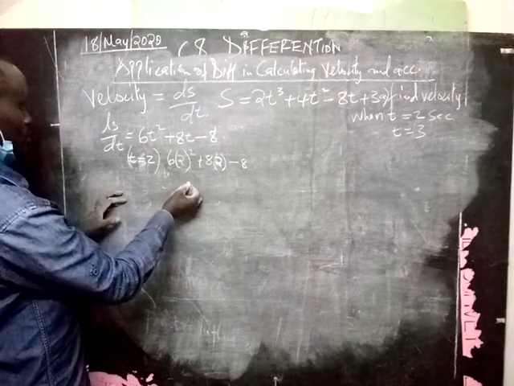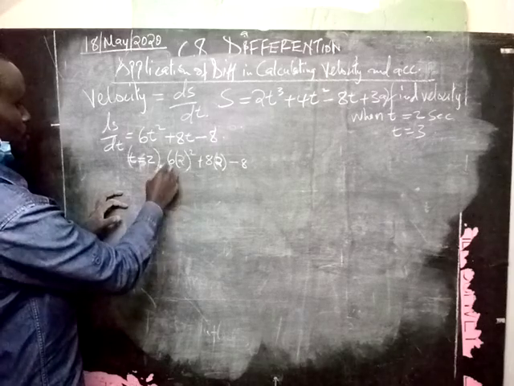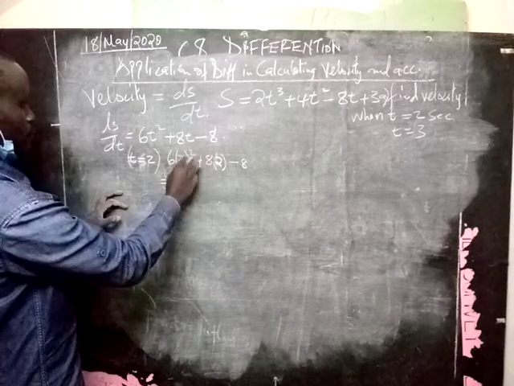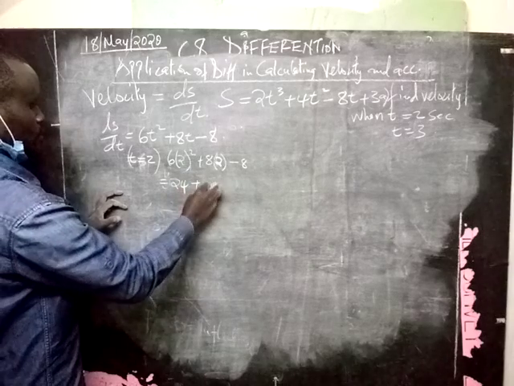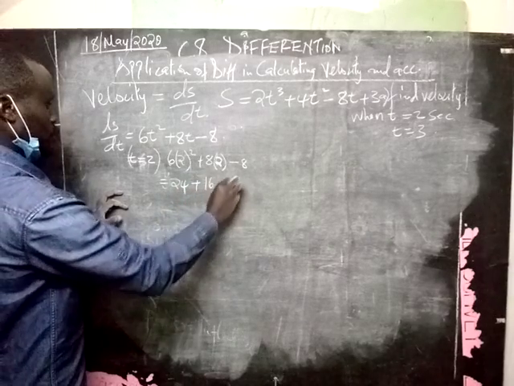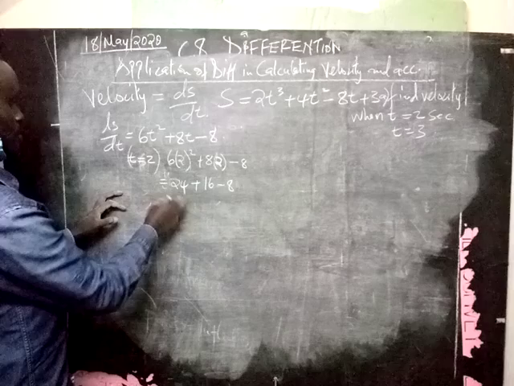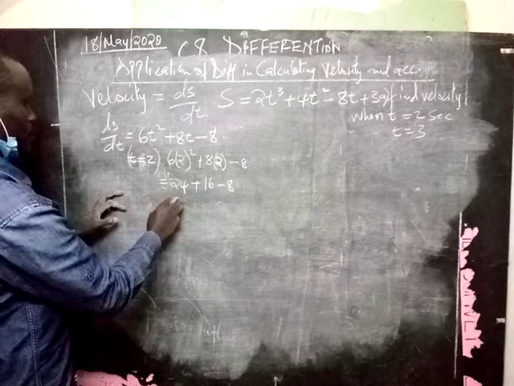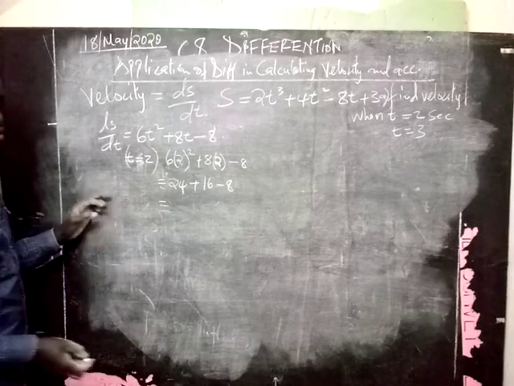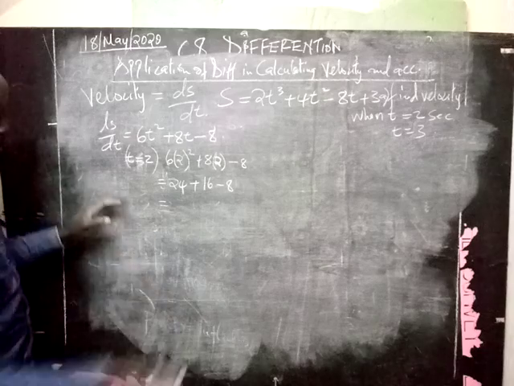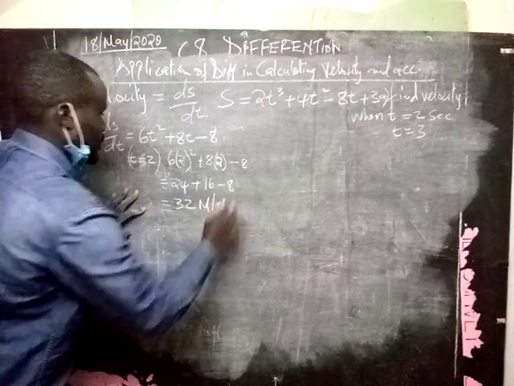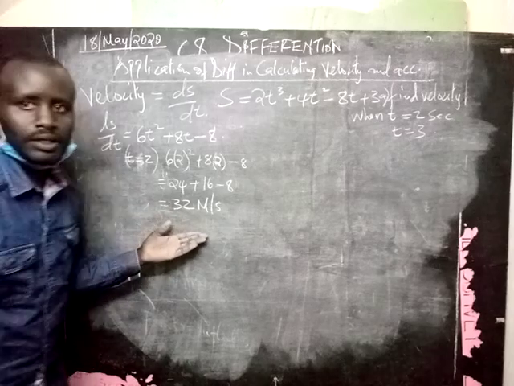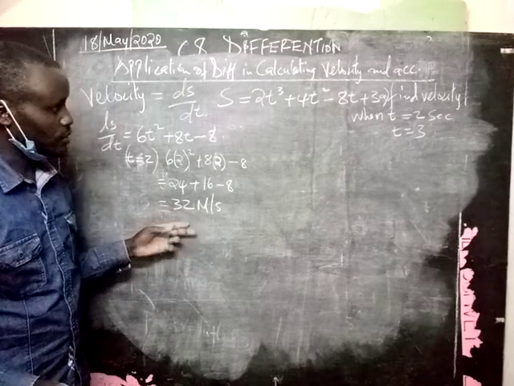We will have 24 plus 16 minus 8, which means it is 24 plus 8, which is going to be 32. So we'll have 32 meters per second, because it is velocity. This is what we are looking for, velocity.